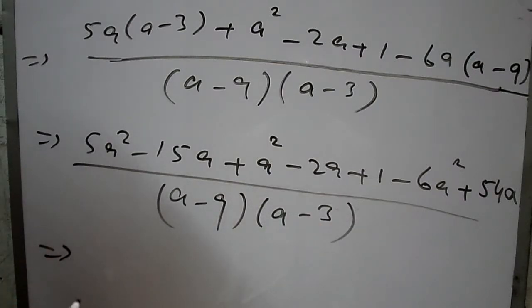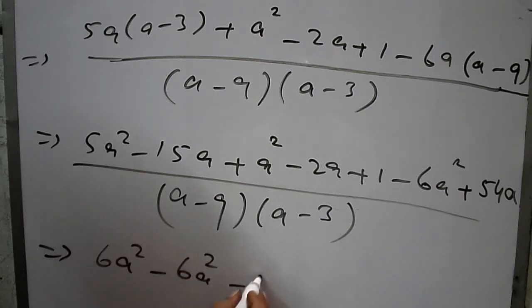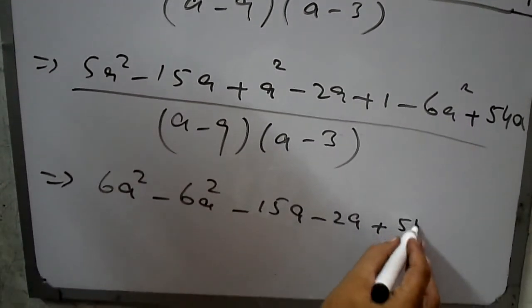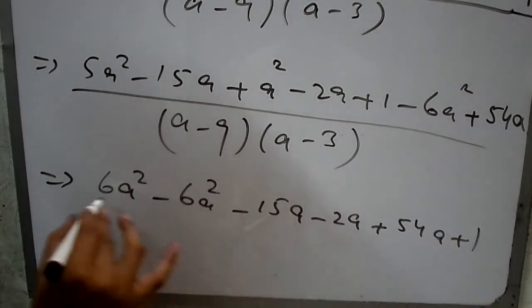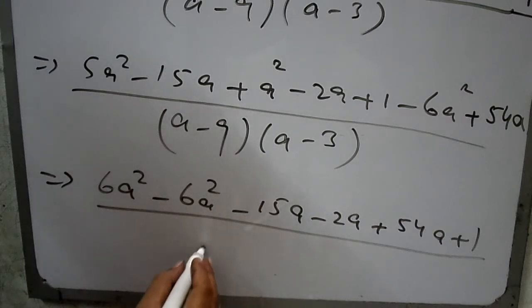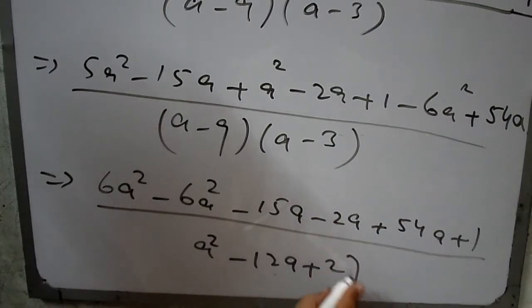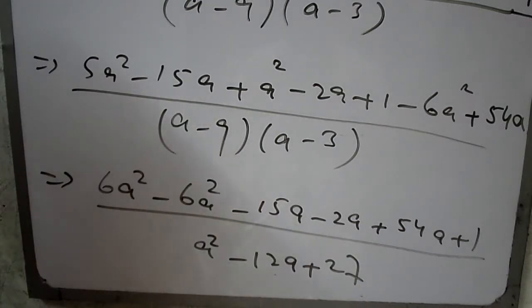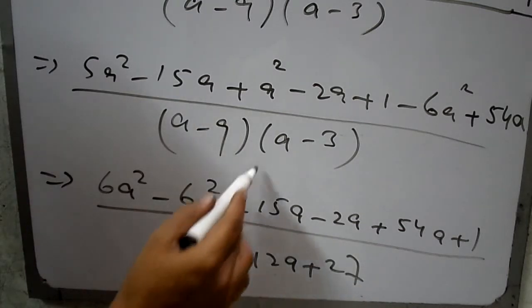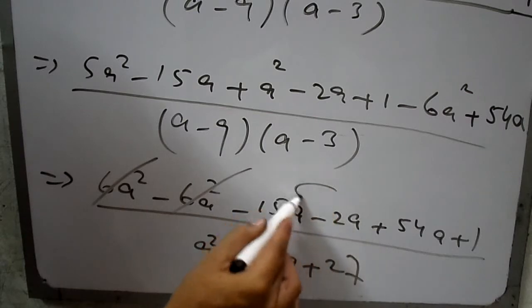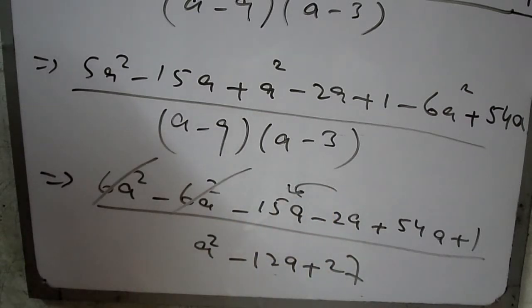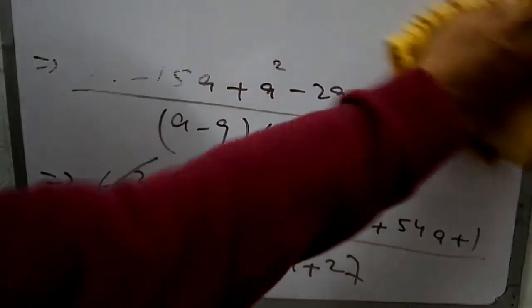So after simplification you will get 6a square, 6a square, 15a, 2a, 54a plus 1, that is a square minus 12a plus 27.